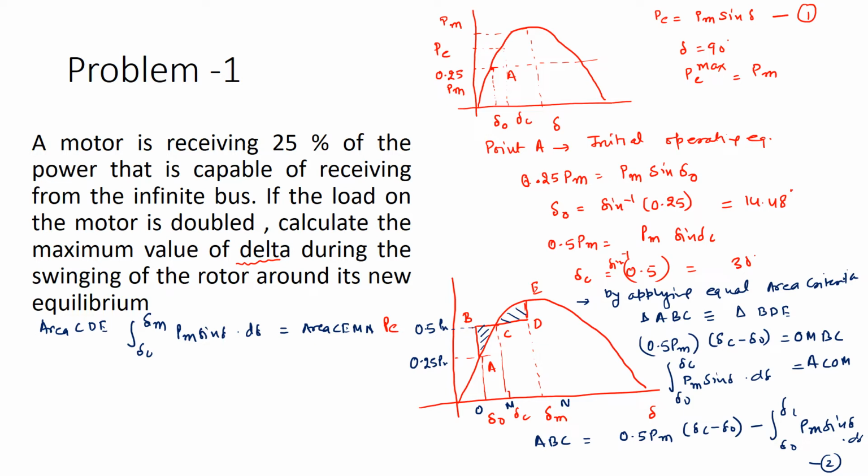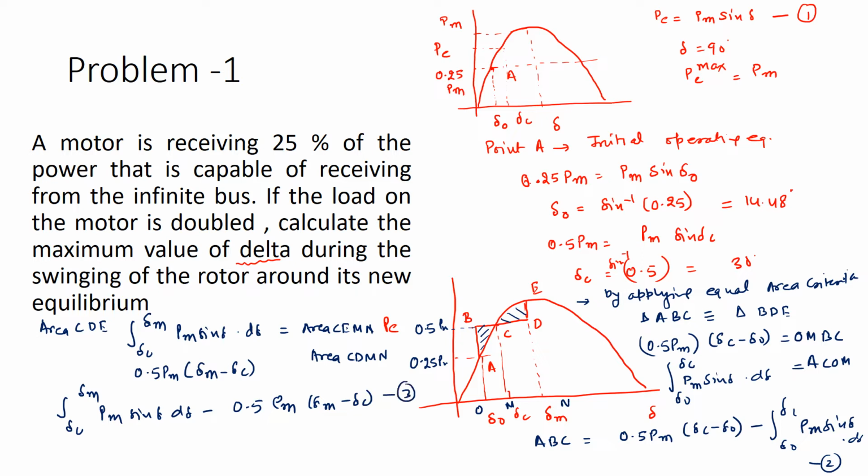Now from here, if I reduce the area of this rectangle CDMN, what will this be? This will be equal to 0.5 Pm into delta M minus delta C. So the final expression I can write: delta C to delta M, Pm sine delta d delta, minus 0.5 Pm times delta M minus delta C. So this will be equation 2 and 3.